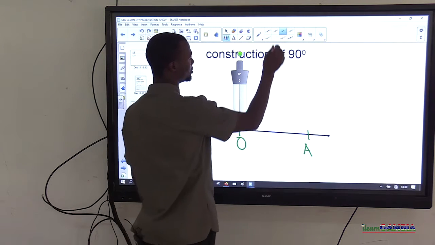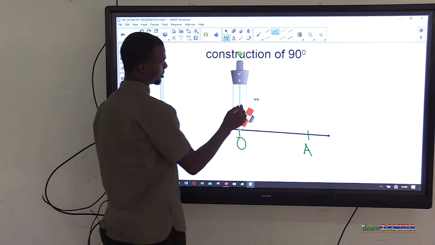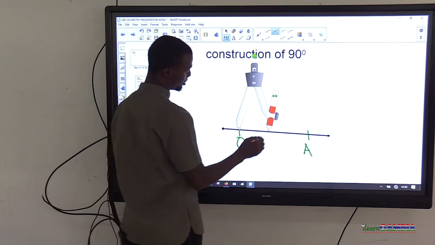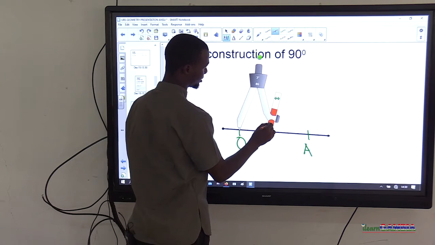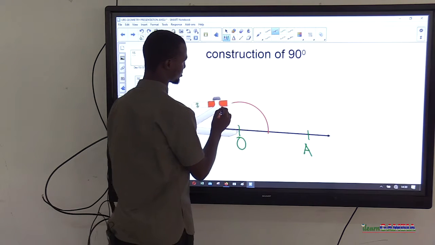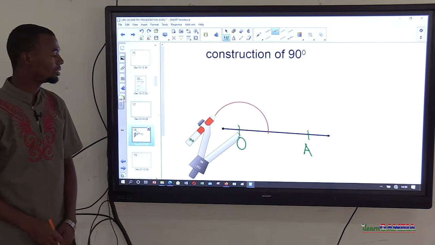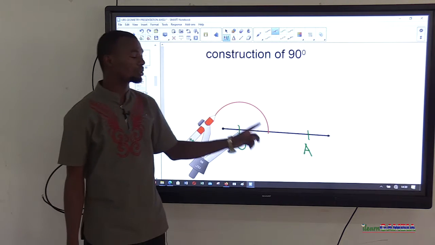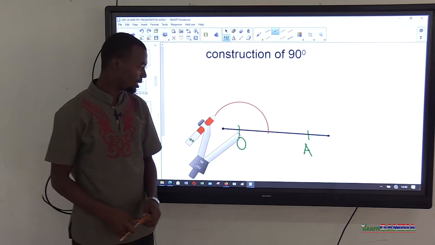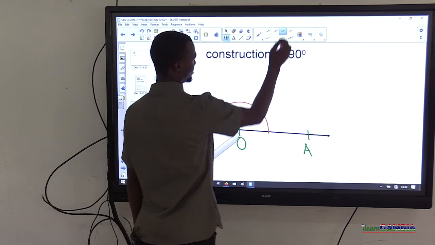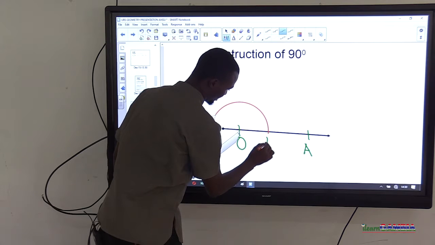This is the radius convenient to me. We draw an arc. That's the arc we have drawn, and where the arc cuts the ray OA is the point B. This is B.